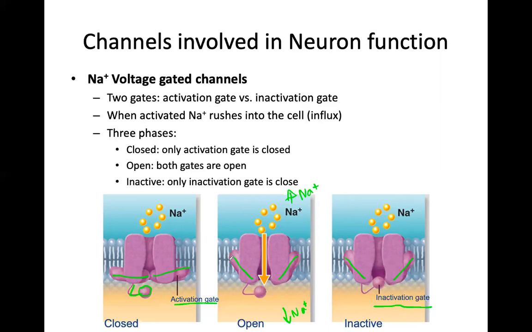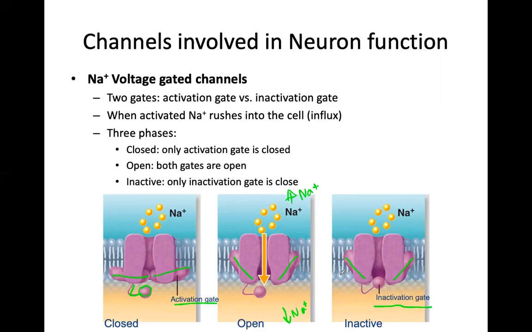Both gates are open. We call that an open sodium voltage gated channel. Your inactivation gate is closed, but your activation gate is wide open. That is called the inactive phase.